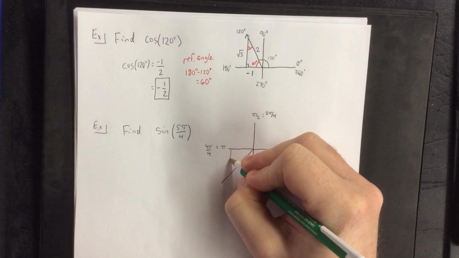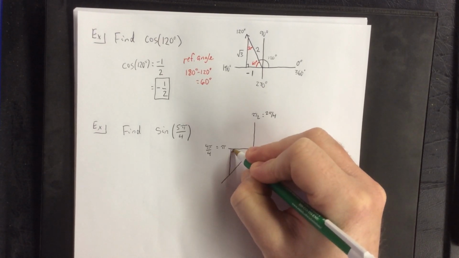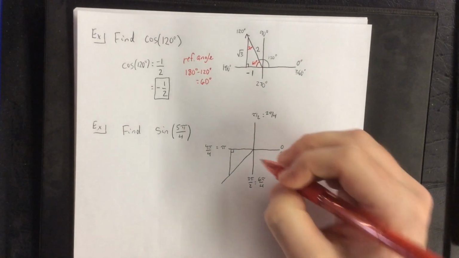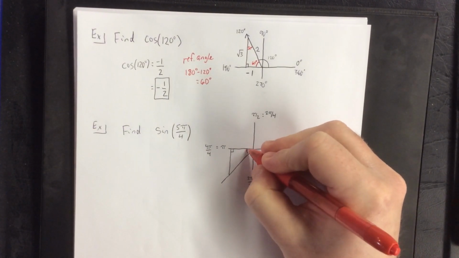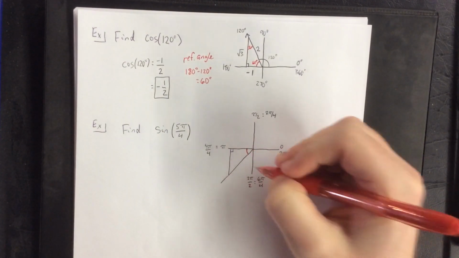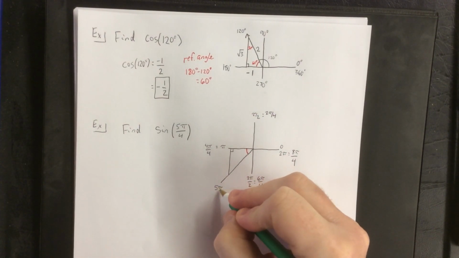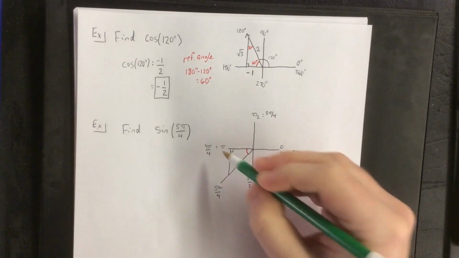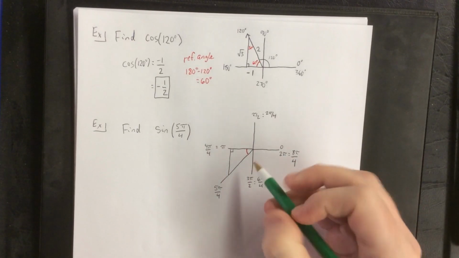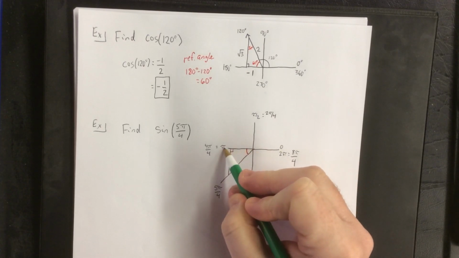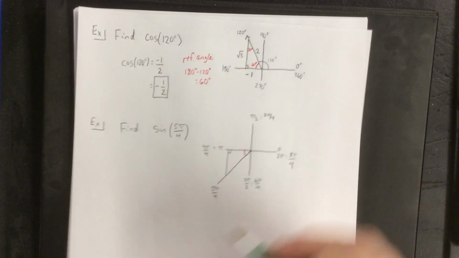So my reference triangle will look like this in quadrant 3. Now as far as my reference angle is concerned, that would be this little guy right here. In order to calculate that angle, I'm going to take the larger of these two angles and subtract the smaller of these two angles. The two angles in question being 5 pi over 4 and 4 pi over 4 to construct this angle.